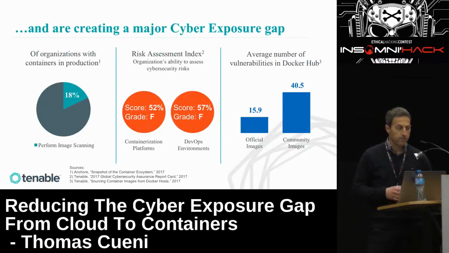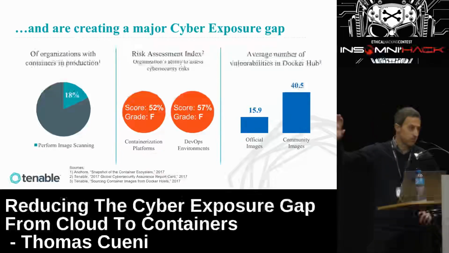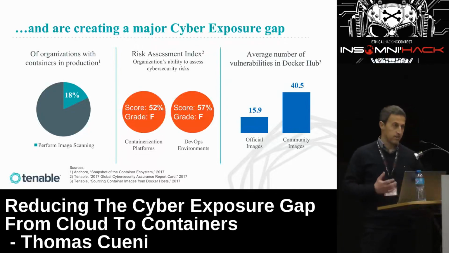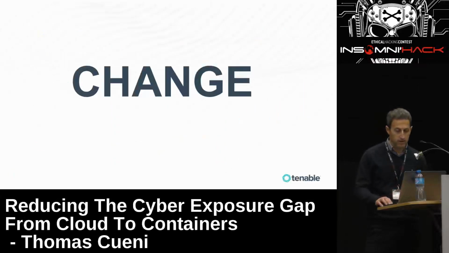So we have a very high adoption rate because it makes sense, because it integrates well with DevOps. On the other side, developers are not really known to care too much about security. So something needs to be done in order to rectify that situation.